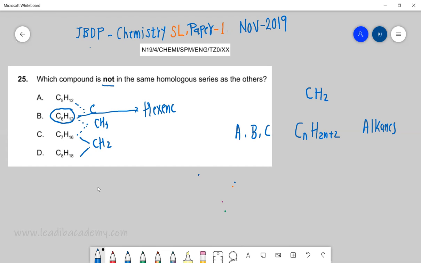Very, very simple question. So the correct option is B. Typically, homologous compounds differ from the adjacent compounds by CH2, or they will have some constant formula that has to be followed by each and every member. Very simple concept.